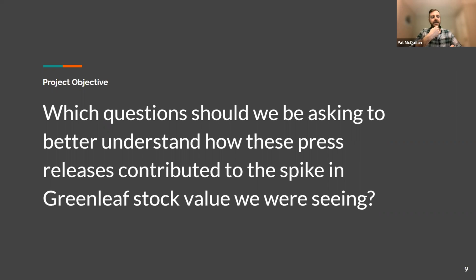But I think now that you mentioned pulling some values, and this is a question not just for you, but for the whole room, is there a certain model or a certain statistical approach that we can take now that we have, I'm happy to say we have, like, obviously there's a very simplified version of this case, but now that we have the stock market value of Greenleaf and we have the value of these two indexes, is there any sort of statistical model that we can put together to actually arrive at a number for what Greenleaf stock value might have been worth if they hadn't issued their press releases?